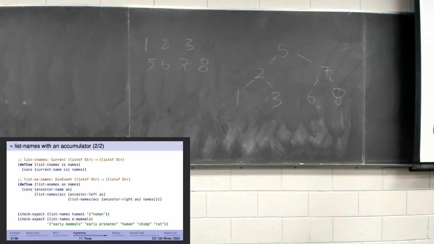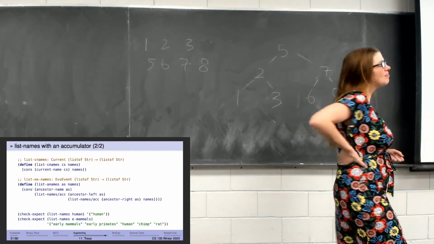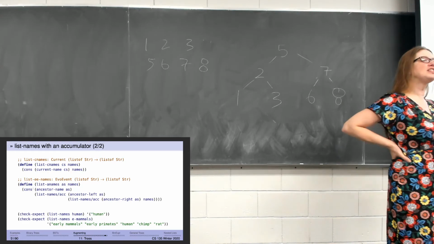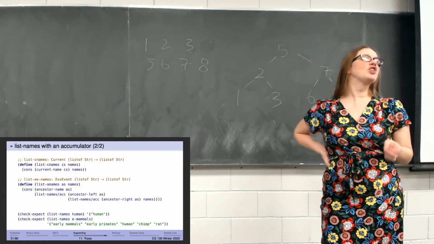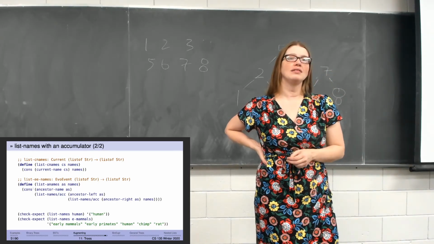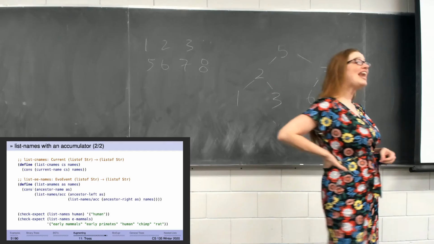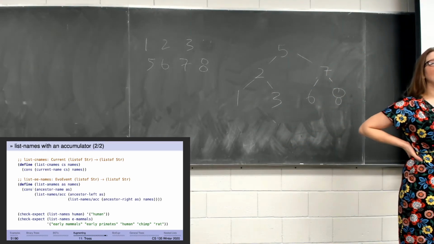Well, I could append the results from my left subtree to the results of my right subtree, but I'm using accumulative recursion here. So what I'm going to do is my accumulator is going to be the results of getting all the species names from my right subtree. So you can actually have your accumulator be produced from a recursive call itself.